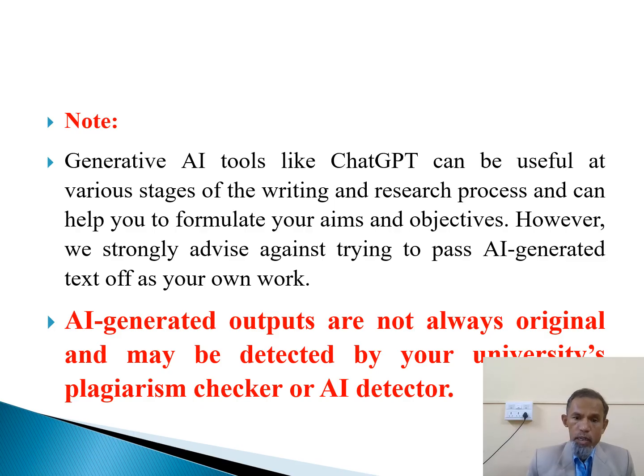Hope you may be knowing that. The next sentence is that one only. The reason for not using ChatGPT is that artificial intelligence generated outputs are not always original and may be detected by your university's plagiarism checker or an artificial intelligence detector.